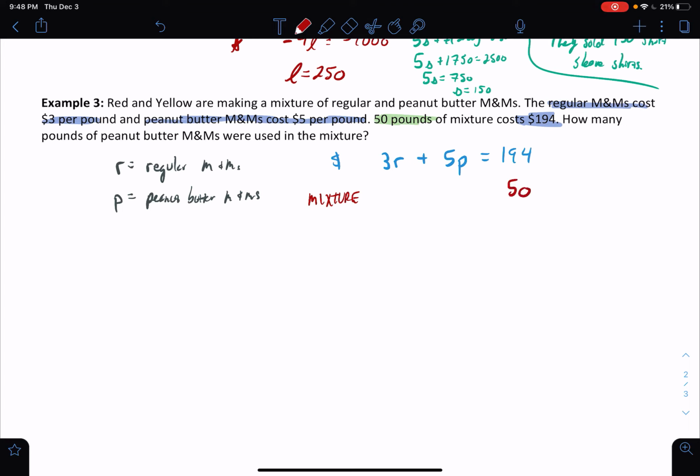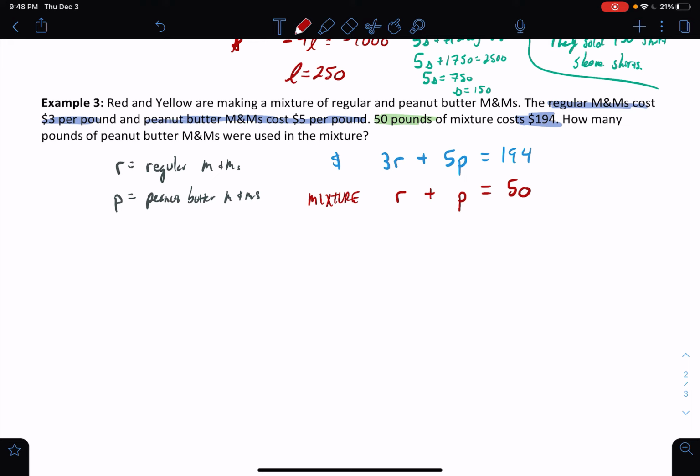What is that 50 pounds comprised of? Well, it's comprised of the pounds of regular M&Ms and the number of pounds of peanut butter M&Ms. So how do I get to 50? I take the number of regular M&Ms and the amount of peanut butter M&Ms, and I add them together, and that's going to equal 50.